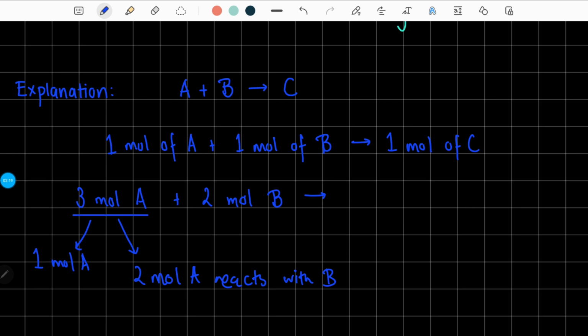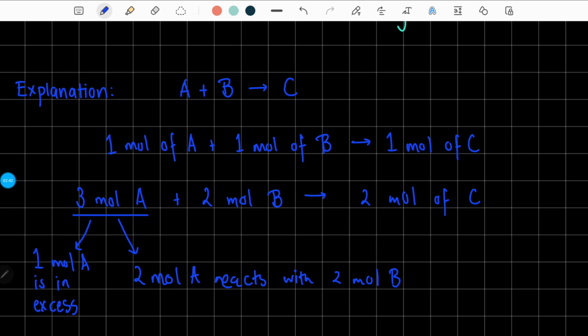It just sits at the bottom of the test tube. As a result, since you only have 2 moles of A reacting with 2 moles of B, you will have 2 moles of C being produced.